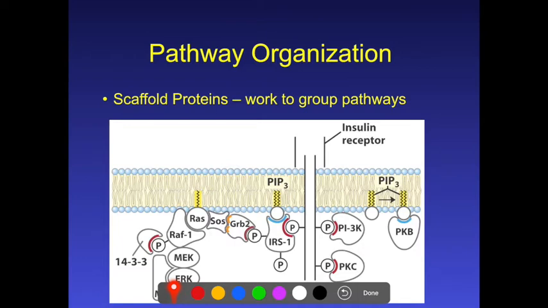Those scaffolding proteins will come together and make sure that the entire pathway, all of those players, are close together, and if they're close together, that means they can respond to these signals much faster. And so a lot of times some proteins are just what are called scaffolding proteins.